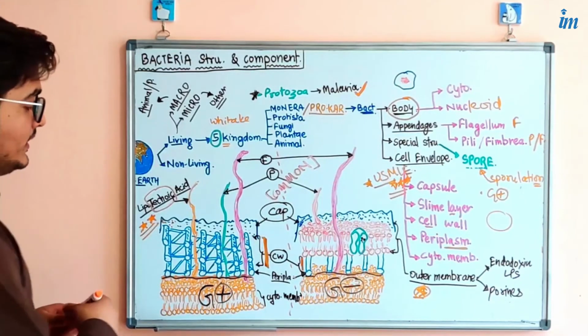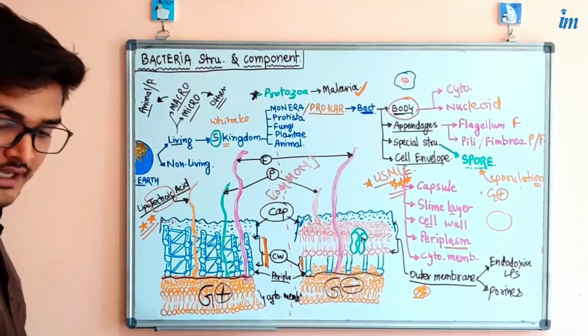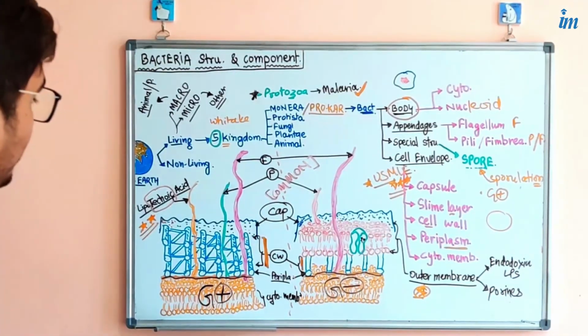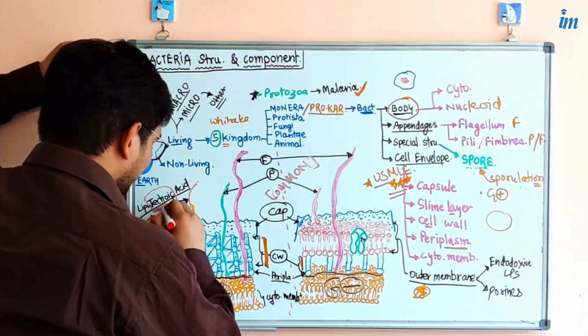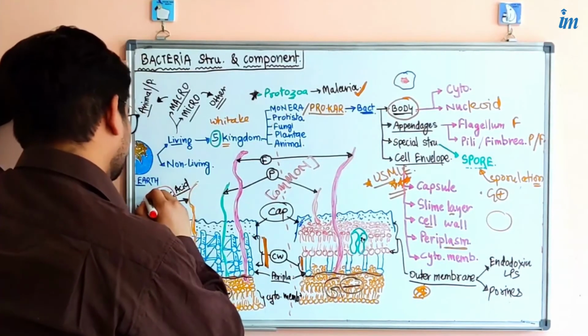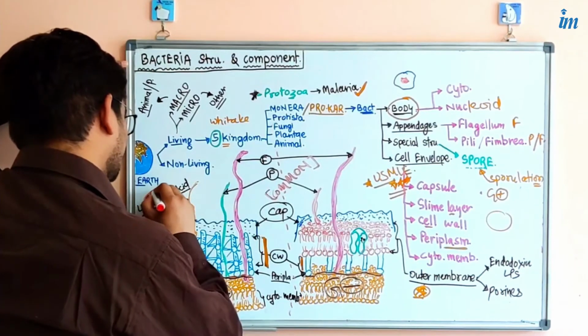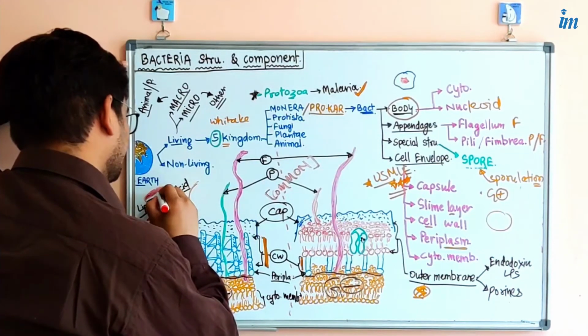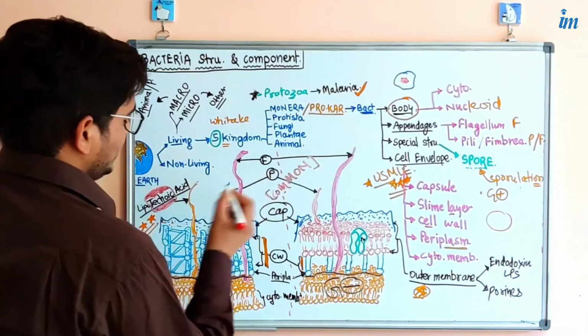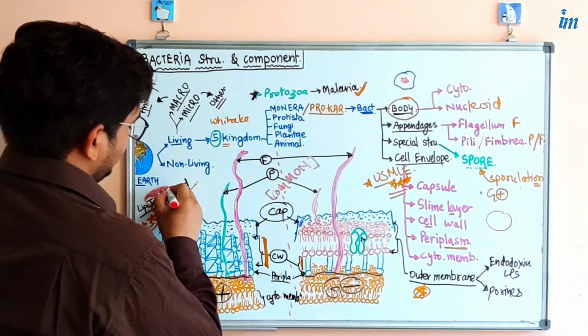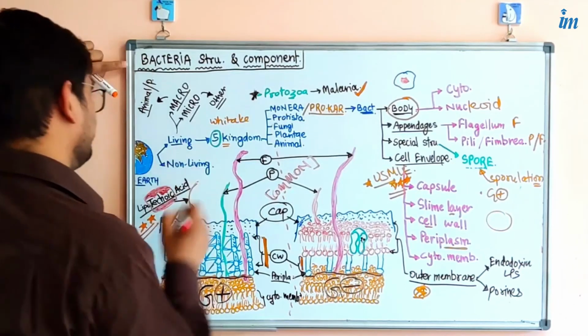What is very important and famous from the question point of view is that gram positive bacteria contain teichoic acid: lipoteichoic acid according to USMLE, teichoic acid according to NEET PG and FMG examinations, and lipoteichoic according to the ROCK questions and PLAB.